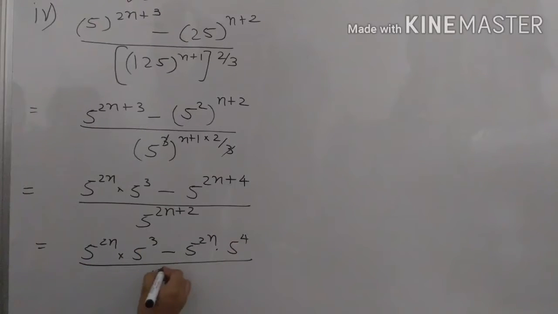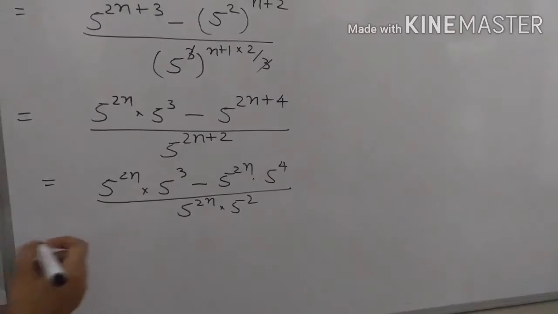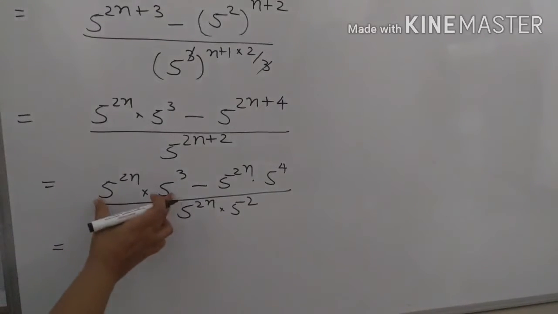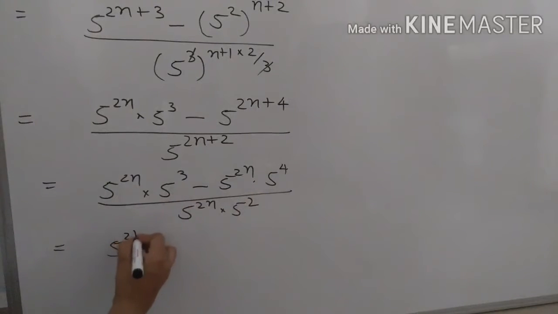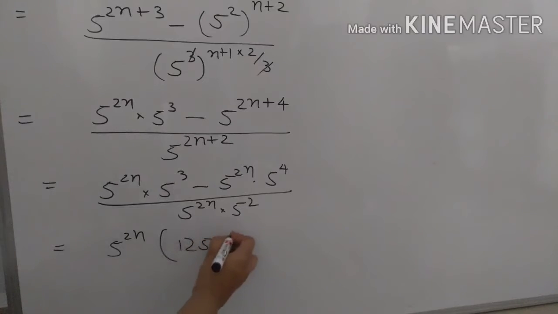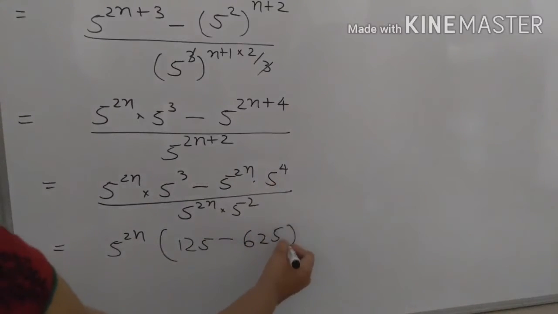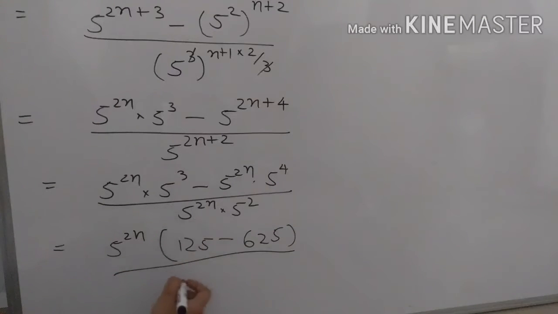Here also 5 raised to 2n into 5 square, splitting the terms according to our law of exponents. From the first term and second term I can take 5 raised to 2n common. In the bracket, 5 cube means 125 and minus 5 raised to 4 means 625, and in the denominator 5 raised to 2n into 5 square.